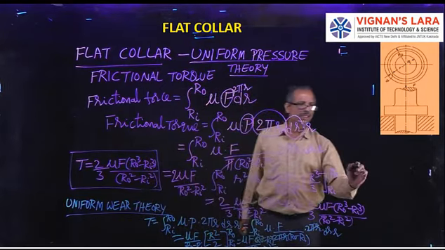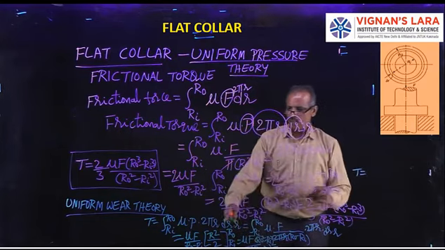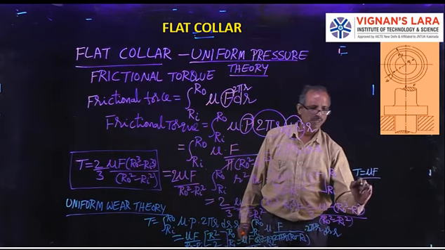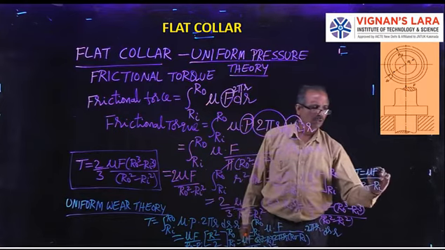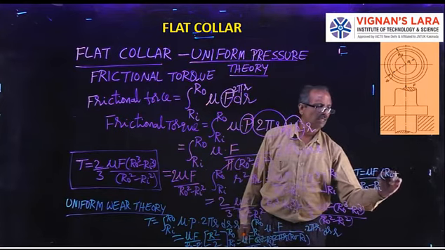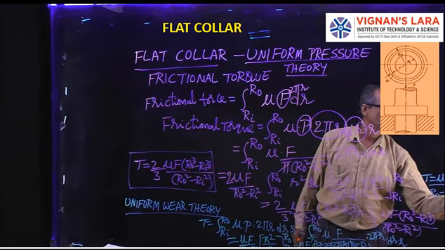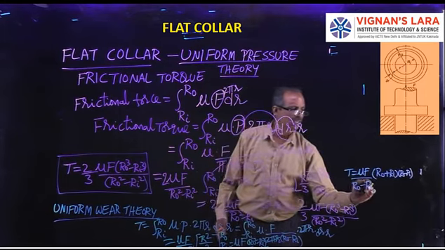Here the T can be written as mu F by (r naught minus ri) into (r naught plus ri) into (r naught minus ri), and by 2 is there.